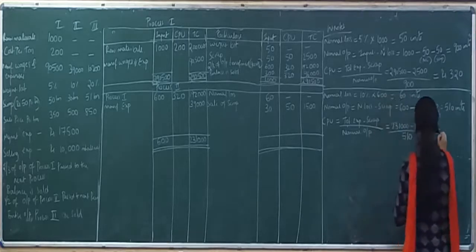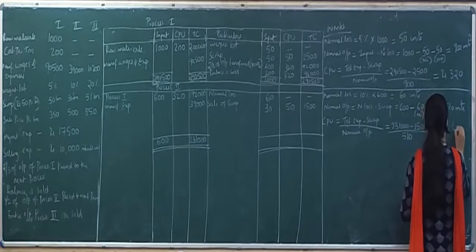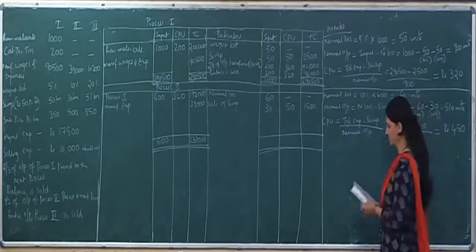Here we have found out that is normal output. CPU, which is 450.